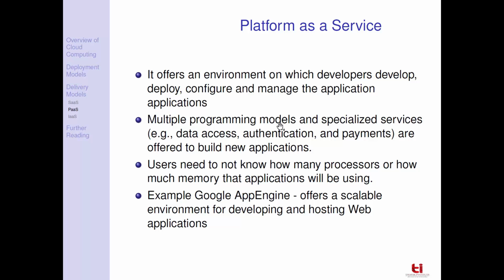So multiple programming models and specialized services like data access, authentication, payments are offered to build new applications. So in this, the user need not bother about the resources being used. The user need not know how many processors or how much memory that application would be using. Example, Google App Engine offers a scalable environment for developing and hosting web applications.